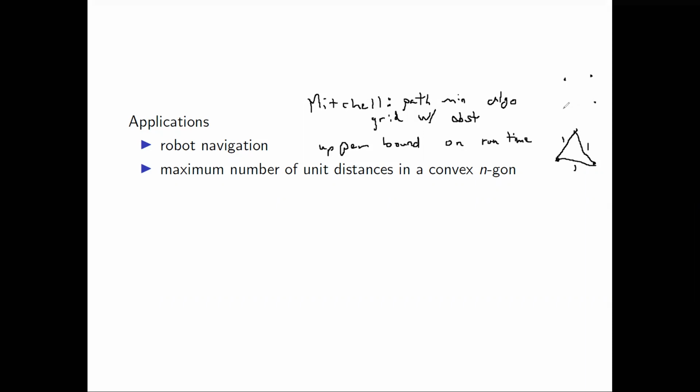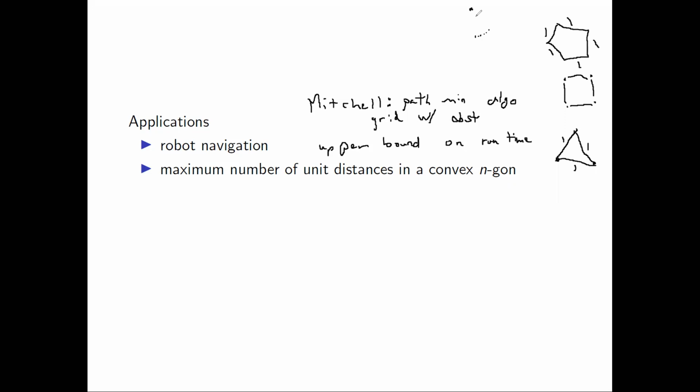Similarly, we could take a unit square where all the sides have length 1. That would have 4 unit distances. We can continue it like that for any polygon. There's other ways we can have unit distances. So maybe we have one vertex over here, and then it has unit distance to all the other vertices.